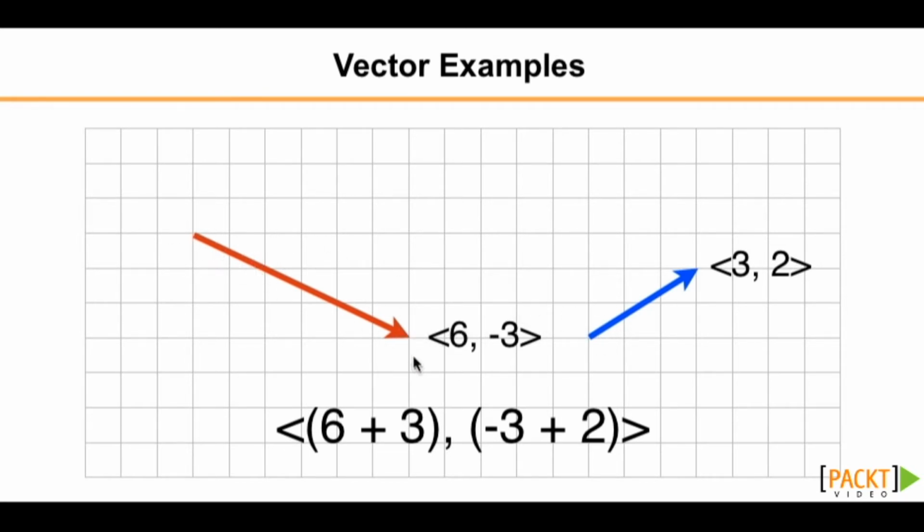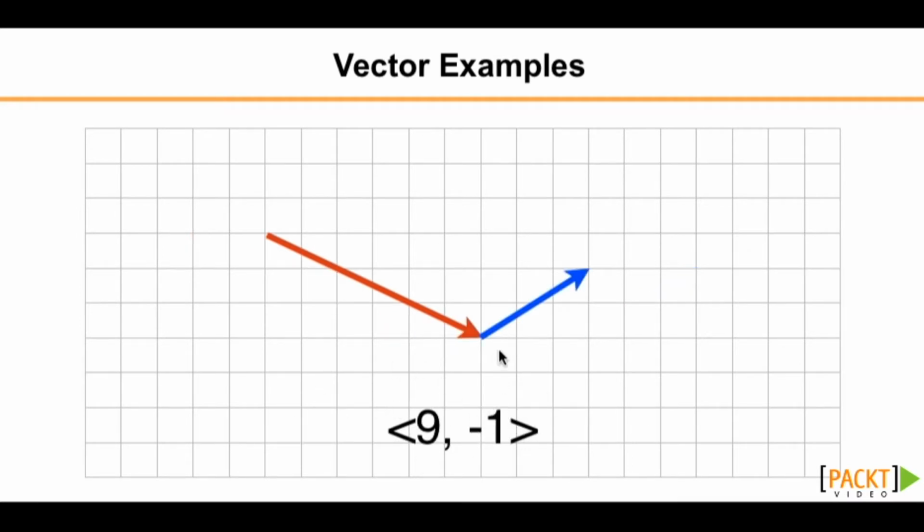This is vector A, this is vector B. And we can place B here. And the result of the sum of elements is 9 and minus 1. So if we had to make a new vector, this results in a new vector that starts where vector A started before and ends where vector B ends. And it has obviously 9 and minus 1.